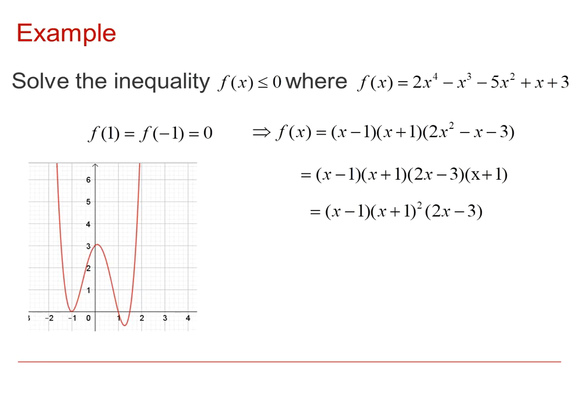So we've got that repeated root at -1, crossing the axis at 1 and 3 over 2. We now want to look at when f of x is less than or equal to 0, so we can see we've got that one point there where it's equal to 0, and then between the values 1 and 3 over 2, where it's less than or equal to 0.